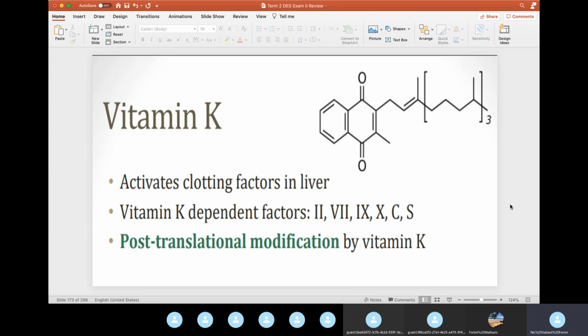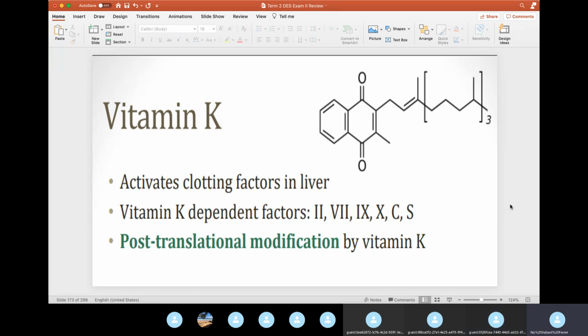Vitamin K. Warfarin inhibits vitamin K. What is the function of vitamin K in production of your clotting factors? It assists the maturation of the clotting factors.